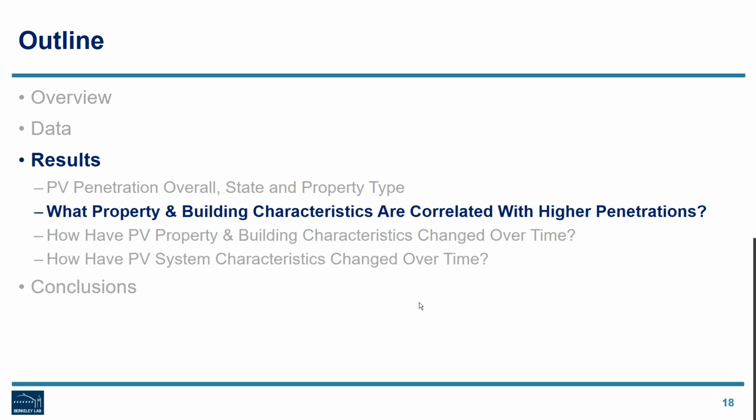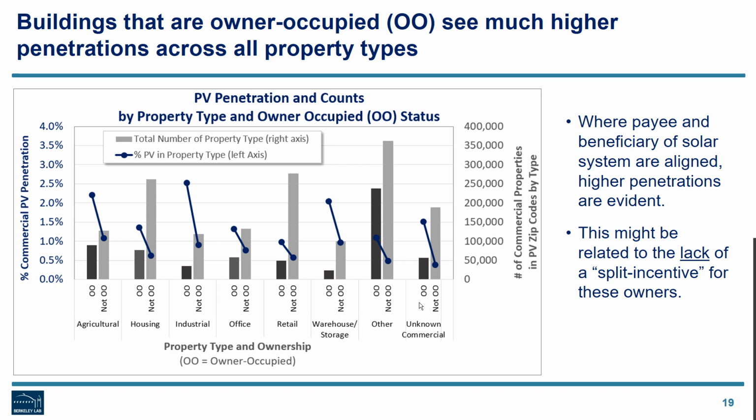So what property and building characteristics are correlated with higher penetrations? One of the big ones is whether that building is owned and occupied by the owner. We see much higher penetrations of owner-occupied buildings than we do of non-owner-occupied buildings of the same property type.